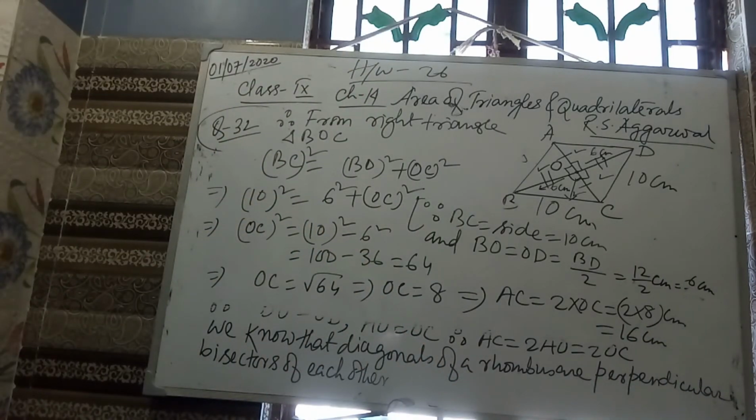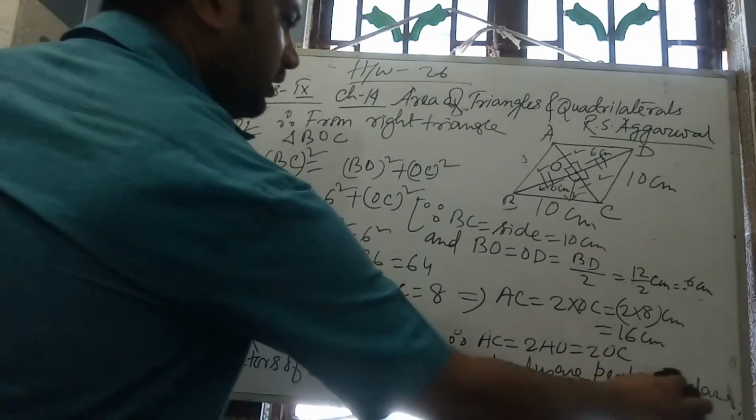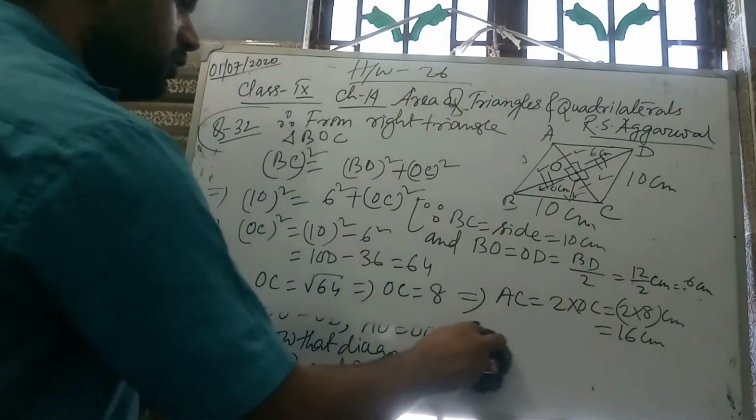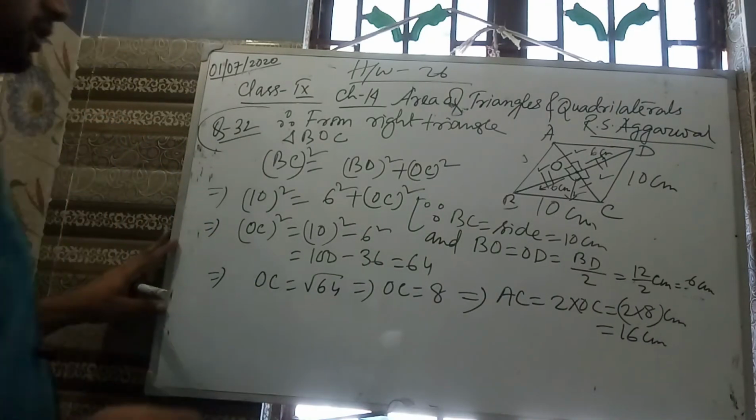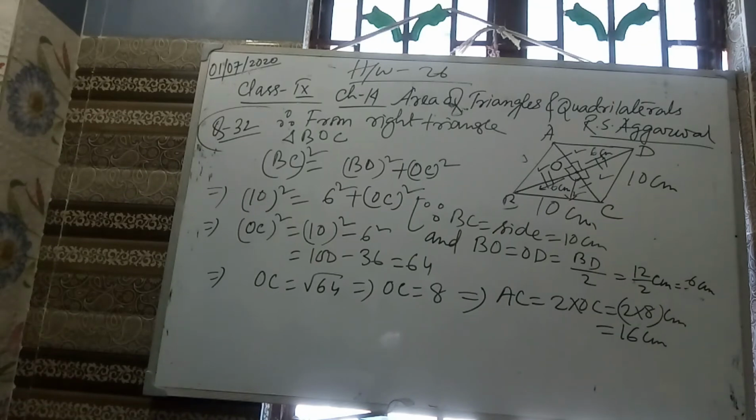So you got the two diagonals. BD is given 12. You got AC equal to 16. Therefore, you have to find out the area of the rhombus.